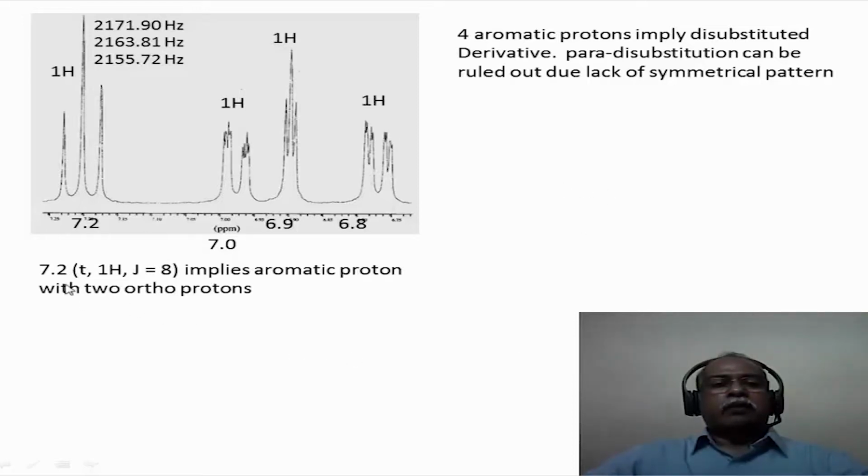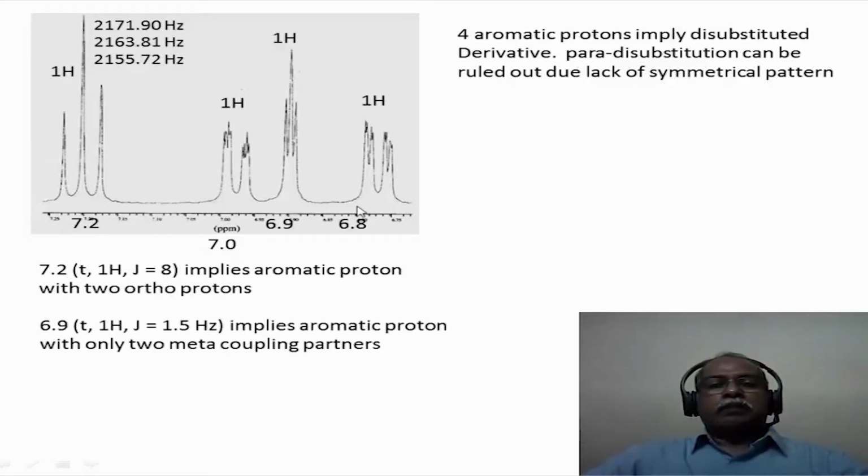The 7.2 triplet, which is this signal here, implies there are 2 ortho hydrogens to this proton, corresponding to an ortho coupling of about 7 Hertz. The coupling constant we see, 8.1 Hertz, corresponds to an ortho type of coupling. The 6.9 ppm signal is a triplet again.